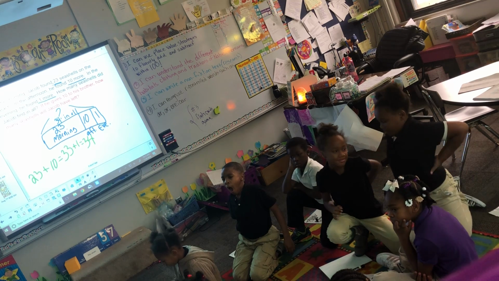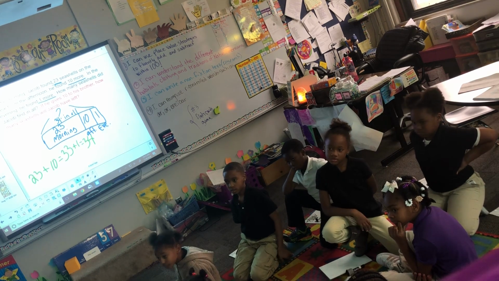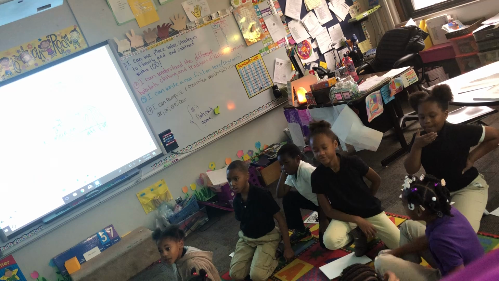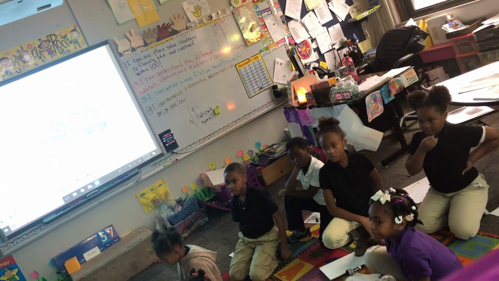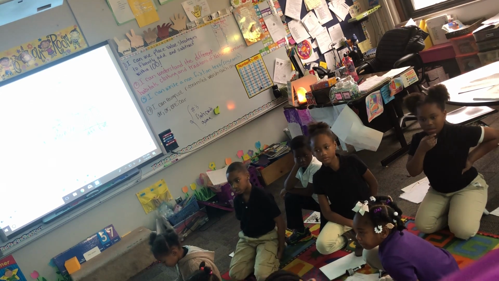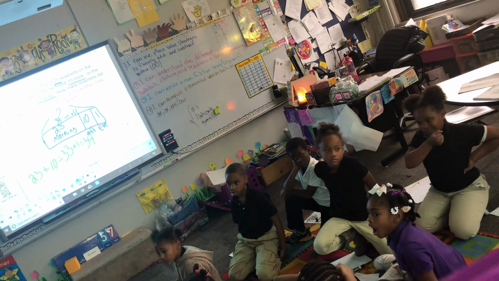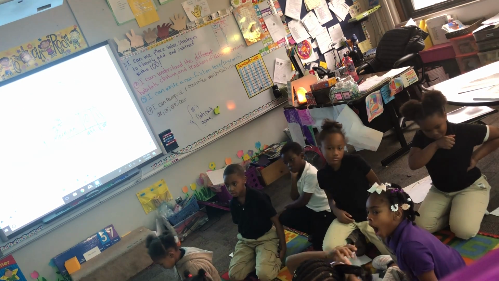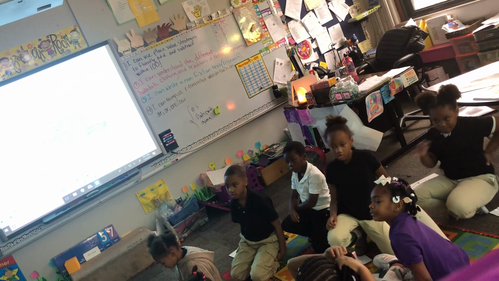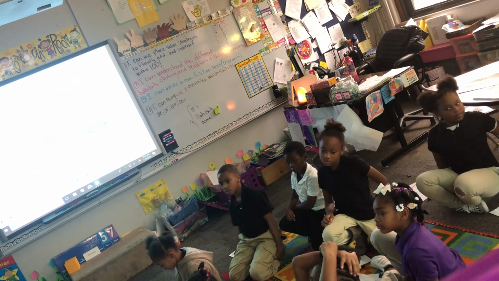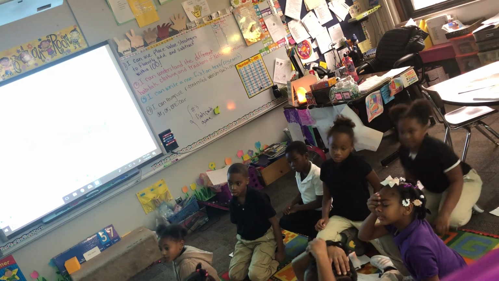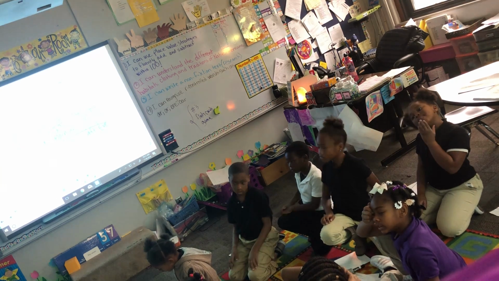So, for example, what's this number? 737. You are going to find the number word 7. You're going to find the number word 100, or you're going to find 100. You're going to find the number word 30, and you're going to find the number word 7.